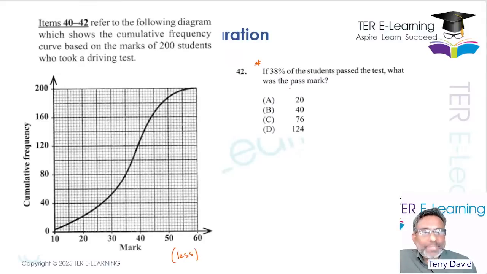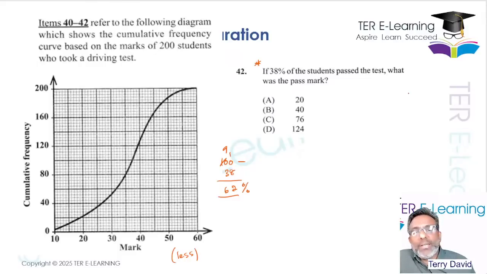So 38% of the students pass the test. Let's take 100 minus 38 to figure out how many students fail the exam. Let's borrow from this: 10 take away 8 is 2, 9 take away 3 is 6. So 62% fail. That means we have 62% of the people getting less than a particular score.